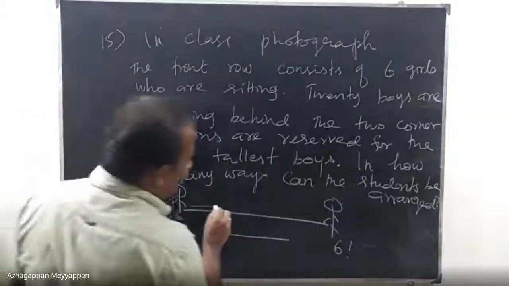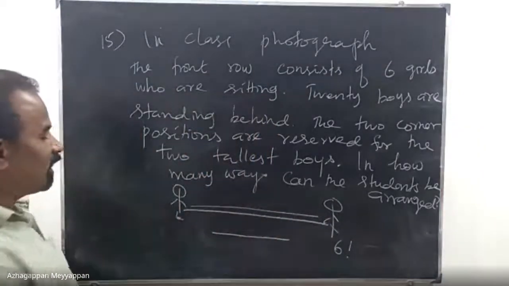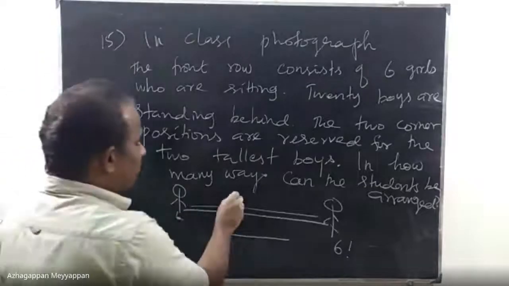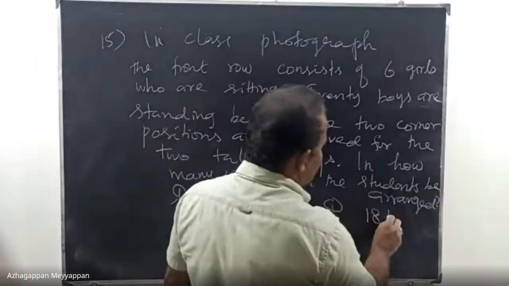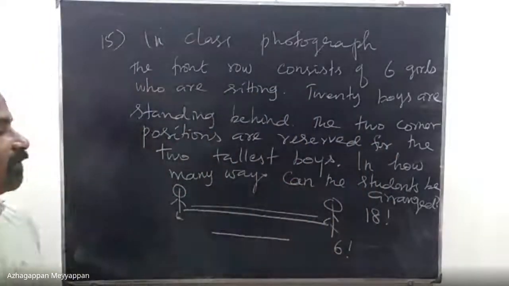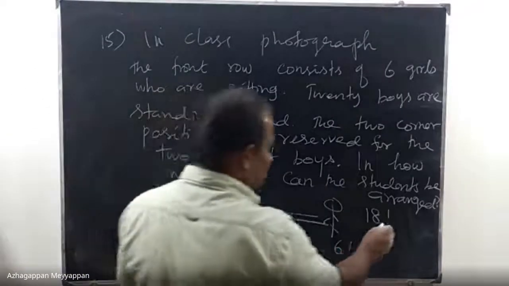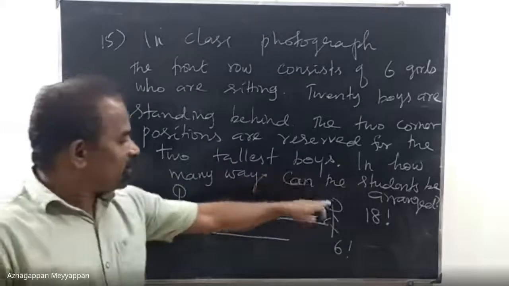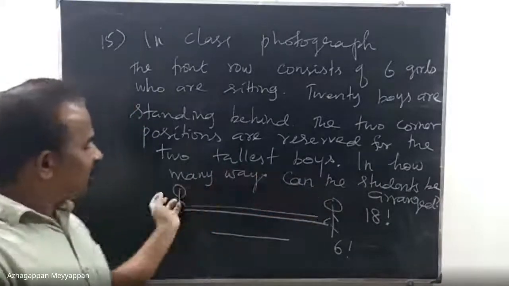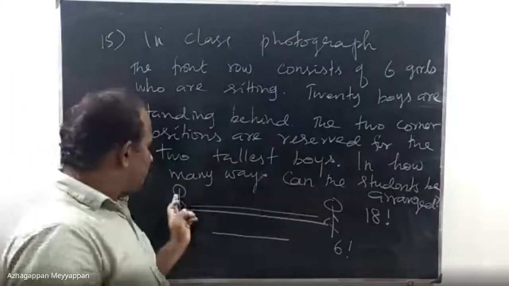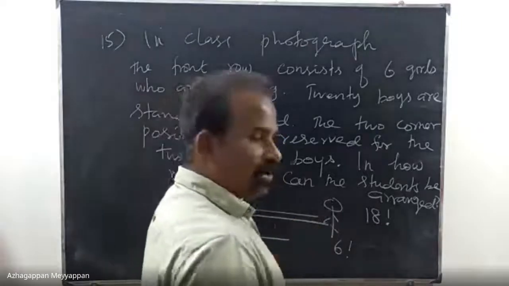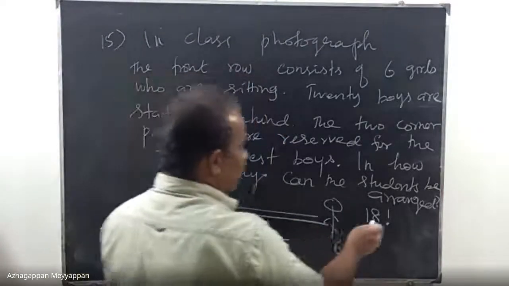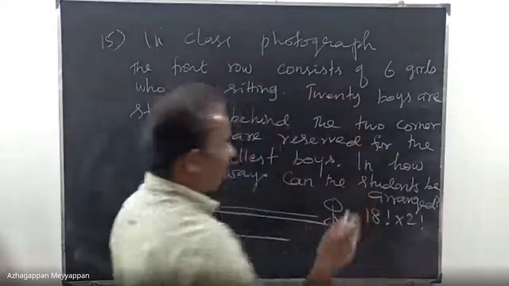So the remaining 18 will be sitting here. So therefore here how many possibilities? 18 factorial. And the tallest boys, they can change themselves. That boy will come here, that boy will come here. So therefore there are 2 arrangements. This is 2 factorial.